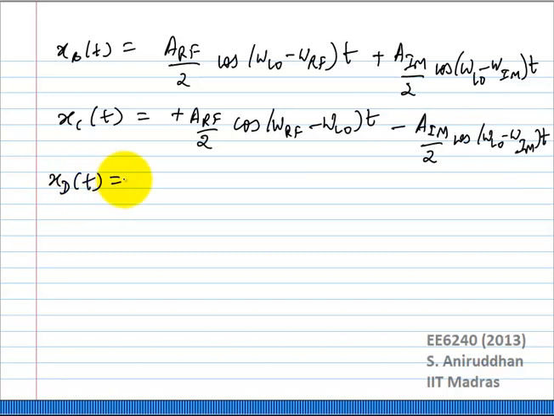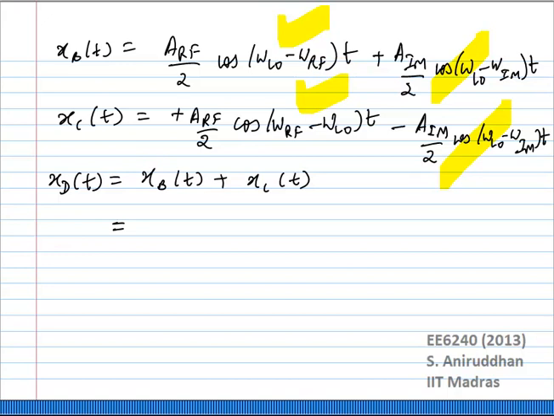Now the signal at D is just the sum of the signal at B and C. What do I get? If you notice, these two signals get cancelled and these two signals are additive.